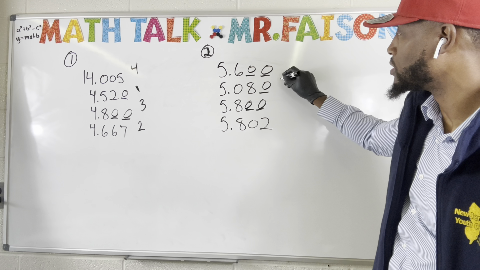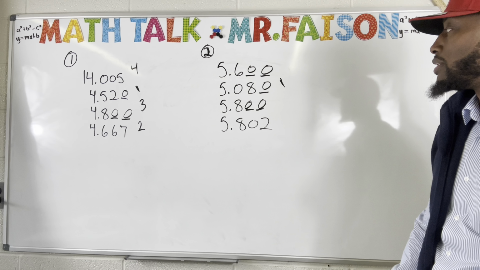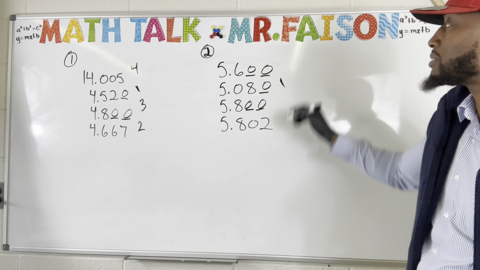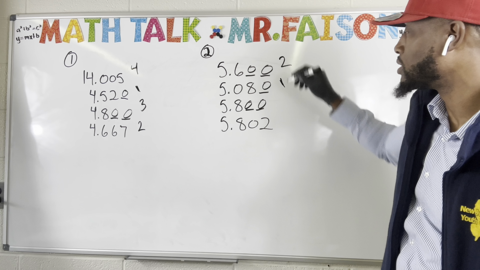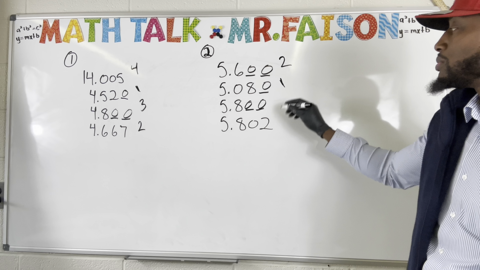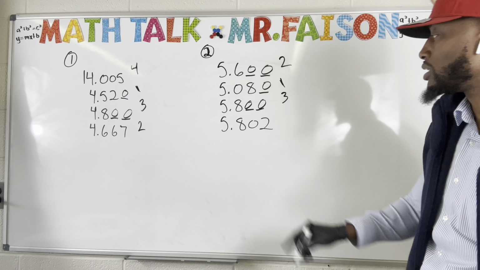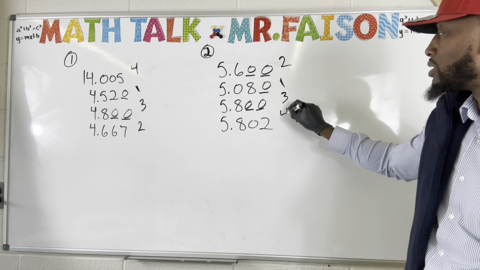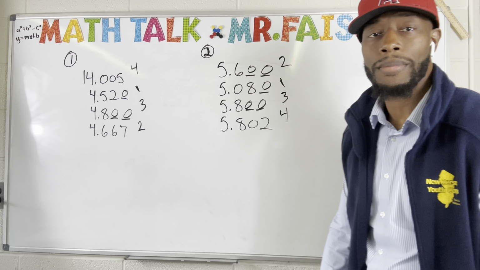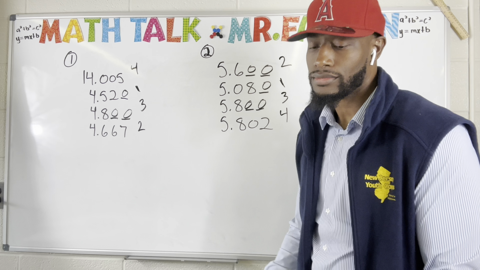I'm going to go with this one. That's the first smallest one. The next smallest one is this one. The third smallest one and the fourth smallest one. That's what we're looking at, right? When we talk about ordering.